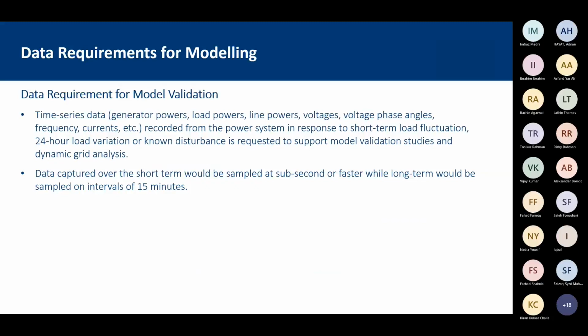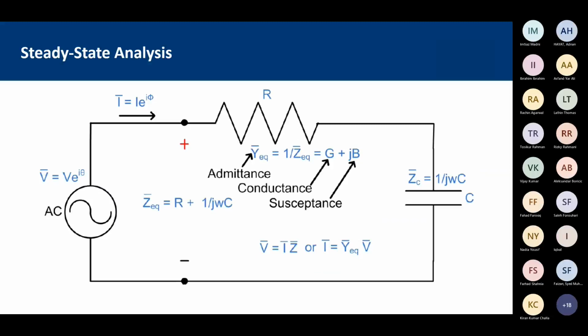Once we do dynamic studies, then obviously we need to validate our models. There are certain requirements from AEMO or other standards from NERC, and similarly in other countries, there are other regulatory bodies. They have certain requirements. Once we do our modeling and simulation, we need to validate our models.